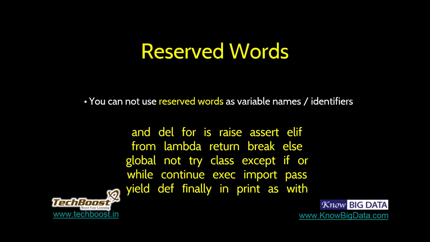In the last session we discussed reserved words, and let's just recap what reserved words are. Reserved words are words which are reserved for use by Python. So they should not be used by the programmer to define either variable names or function names and so on.